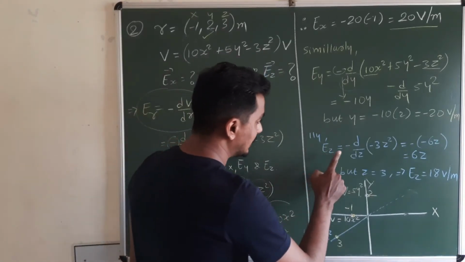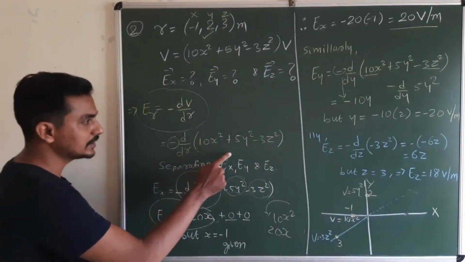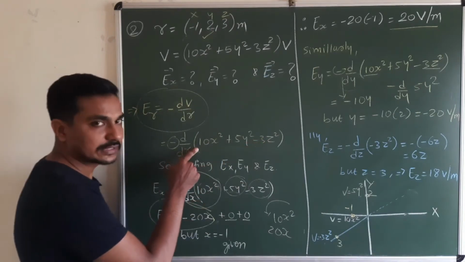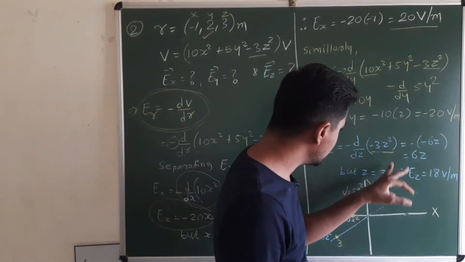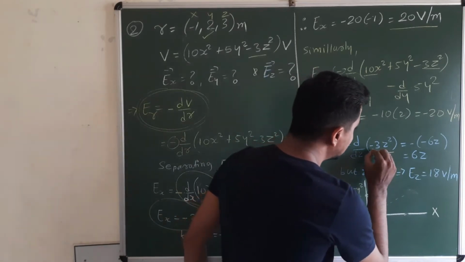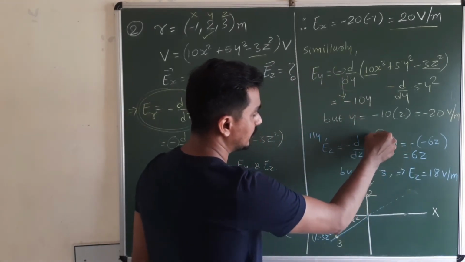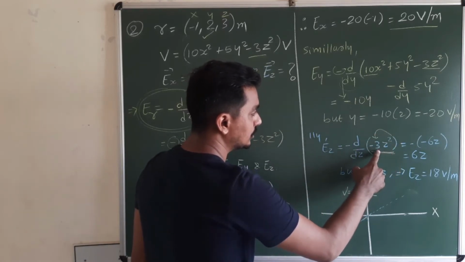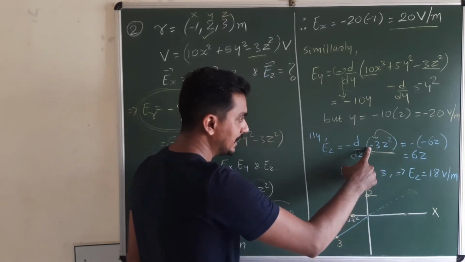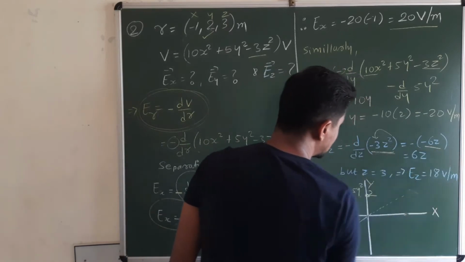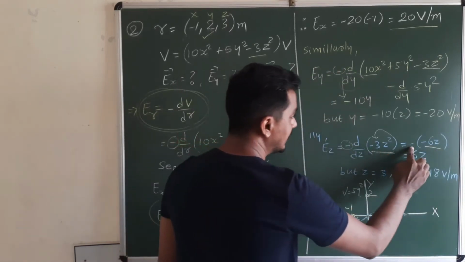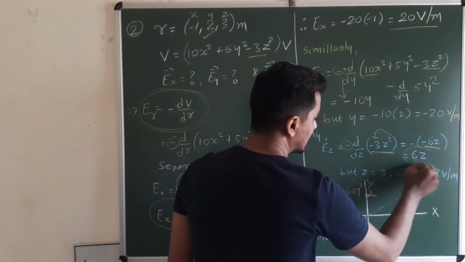Similarly, for Ez, we need to differentiate this equation with respect to z. On differentiation of minus 3z square with respect to z, again this 2 will come here. So 2 into 3. But here it is minus 3. So minus 6z, and minus sign here. So it is minus 6z, minus times minus is plus.